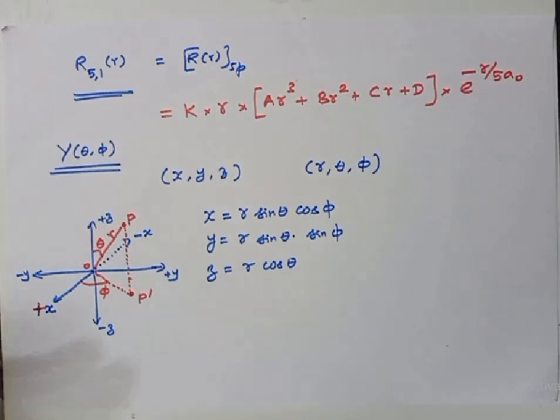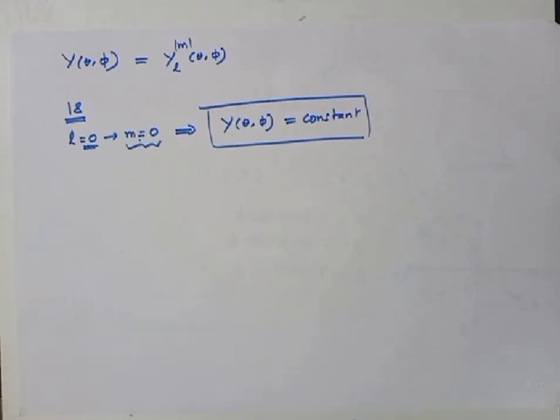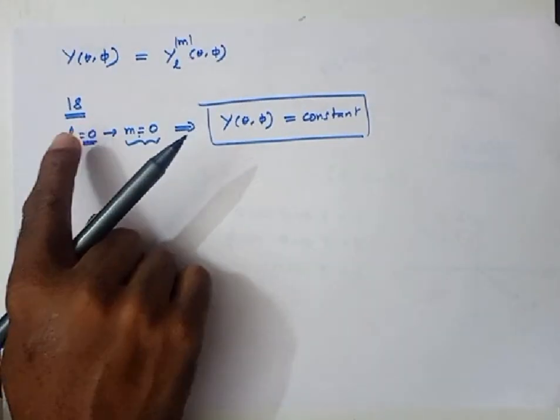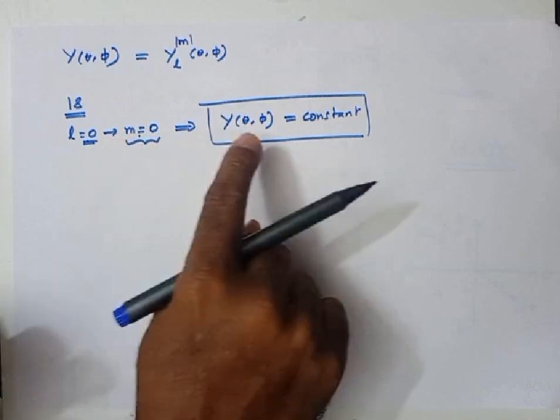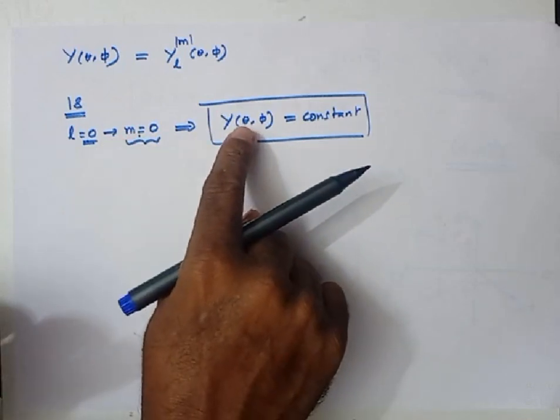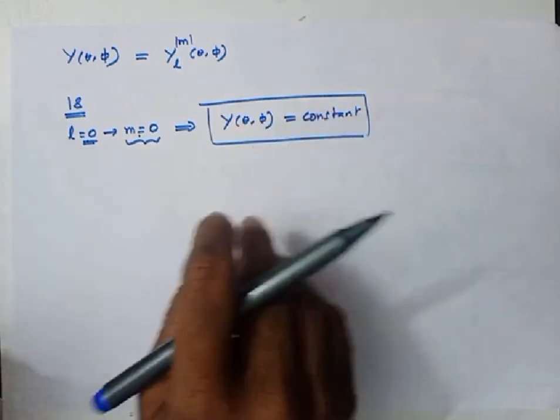Now let us discuss the angular part of the wave function. Just copy this down. For the 1s orbital, l is 0 and m is 0, therefore the angular part of the wave function is a constant.